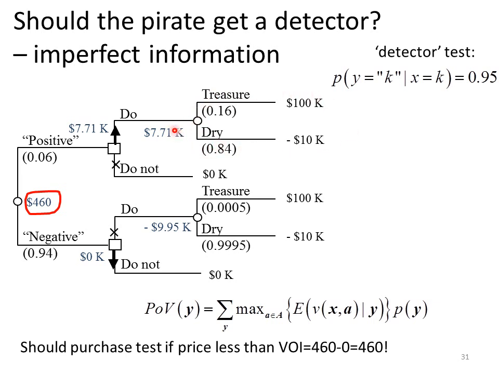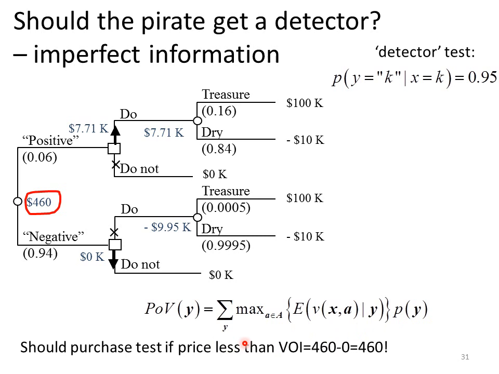And we can again compute these trees and find the posterior value of imperfect information, 460. That's the calculation over here. What we have to do now is condition the value on the data y, but of course we have to account for all possible outcomes of y. So we integrate over all possible outcomes.